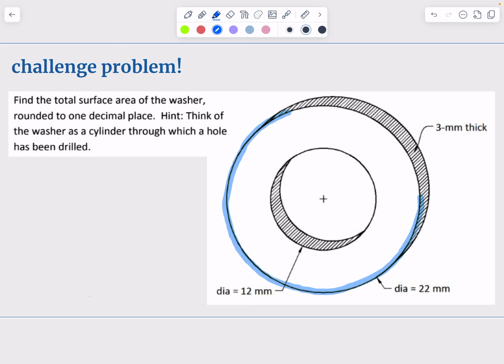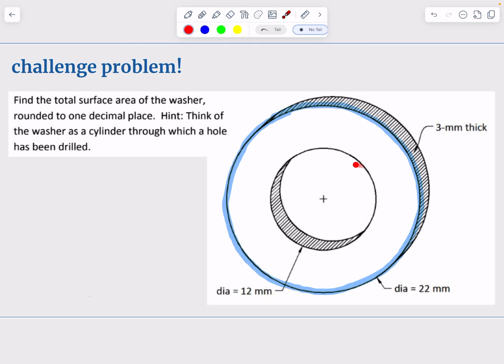which is sort of the part that's facing us, this big circular side, right? And so when I think about this, what I'm going to think about is that really this is a circle. It's a big circle that's got a smaller circle missing out of the middle, right?